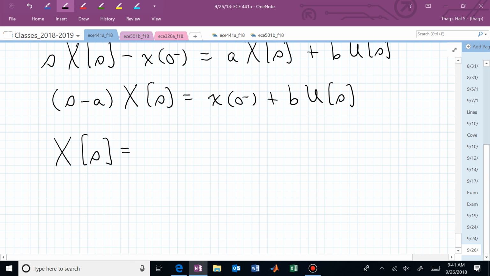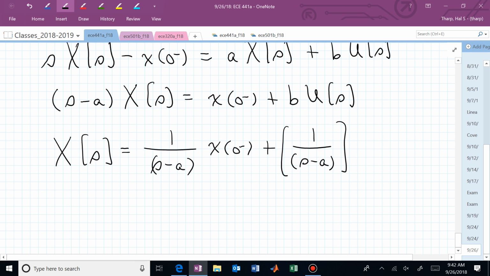I can simply divide both sides by this factor s minus a. I now have 1 over s minus a times x of 0 minus plus 1 over s minus a times b U of s.